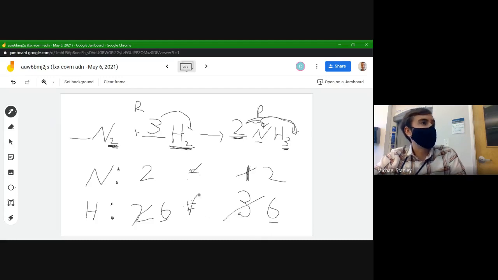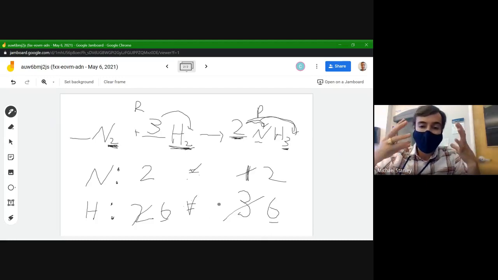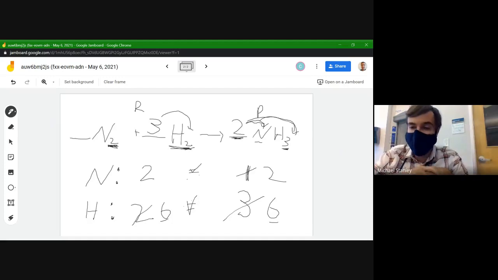So this checks out as well. So this is our final answer, our final equation. N2 plus 3H2 produces 2NH3. We have now fully balanced the chemical equation.